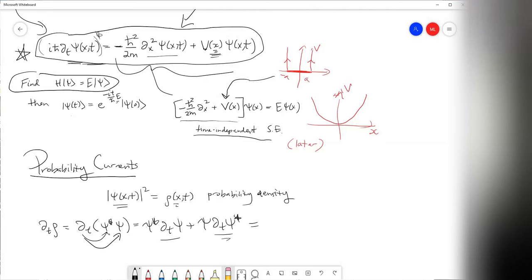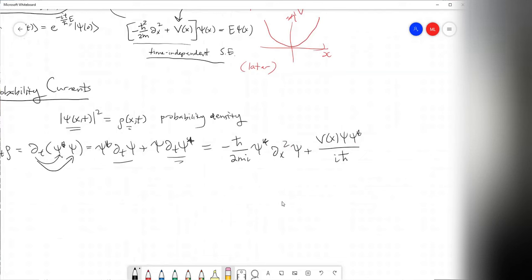So what we get from the Schrodinger equation is h bar over 2mi, psi star, two derivatives with respect to x acting on psi. You get the V of x term, psi star over i h bar.